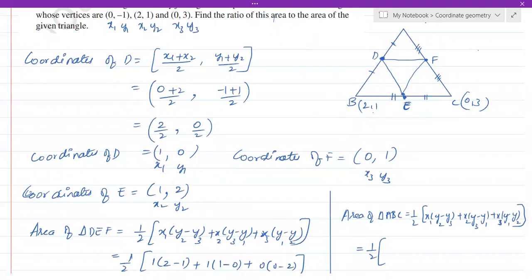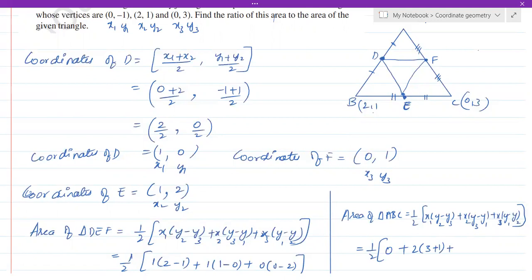Now, what is x1? x1 is 0. So 0 into anything is 0, whatever y2 minus y3 is. 0 multiplied by anything is 0. x2 is 2. y3 minus y1 is 3 minus (minus 1). Minus of minus becomes plus.